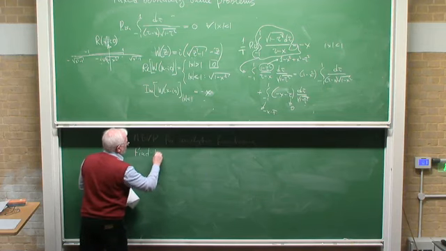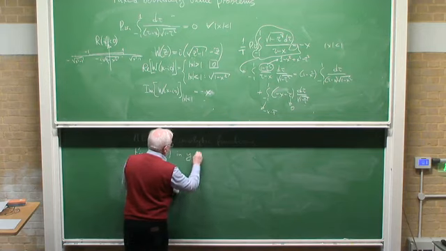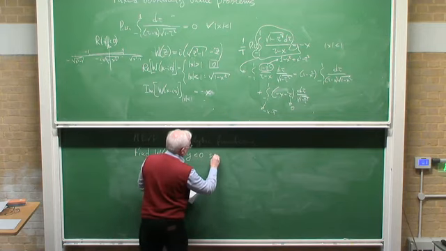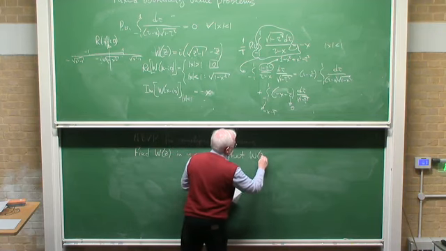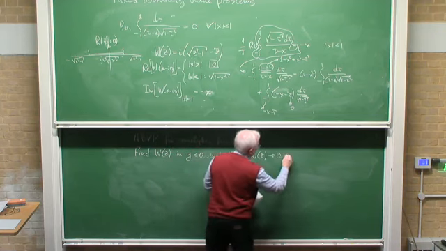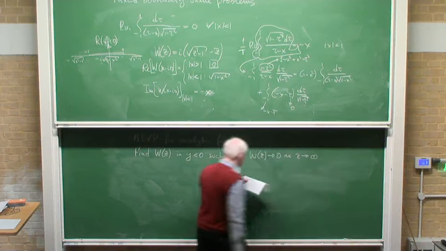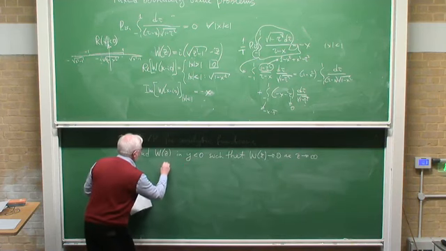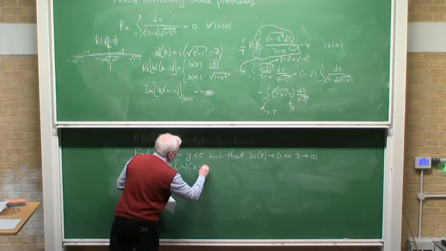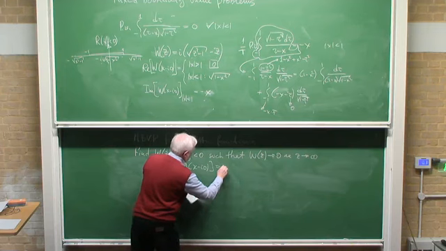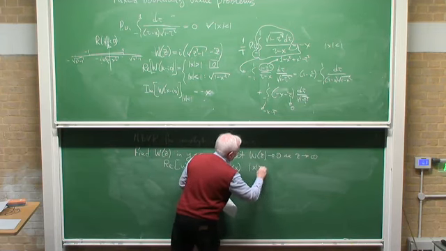So, okay, formulation. Find W of z in y less than 0 such that W of z tends to 0 as z tends to infinity, and the real part of W(x minus I 0) is equal to phi 0 of x for x greater than 1.